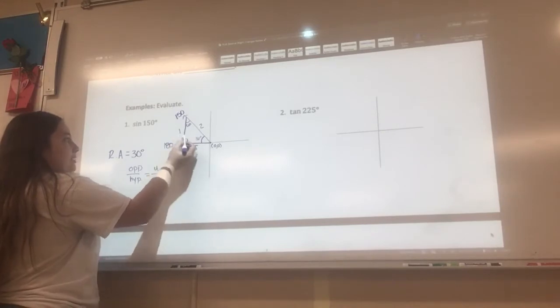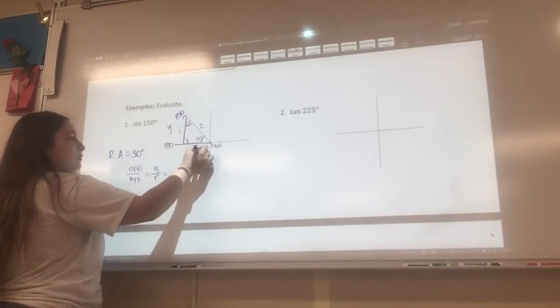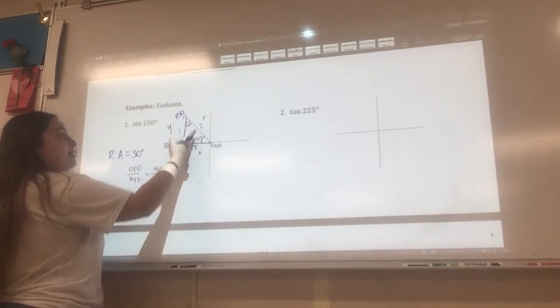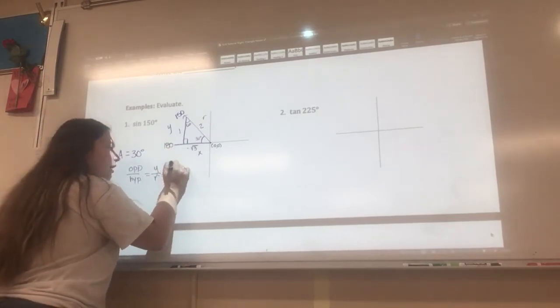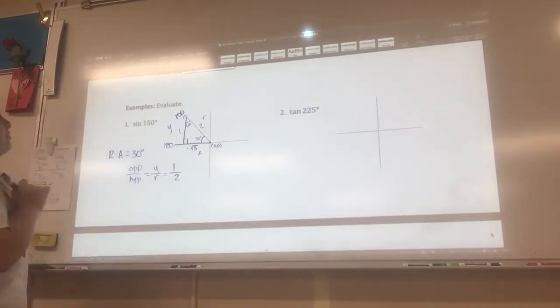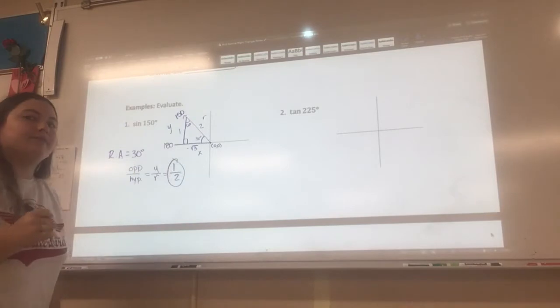Opposite is 1, which is our y value. I like labeling y, r, and x. And our r is our hypotenuse. So it's the same thing. We say our y is 1 over our r of 2. So sine of 150 is 1/2.